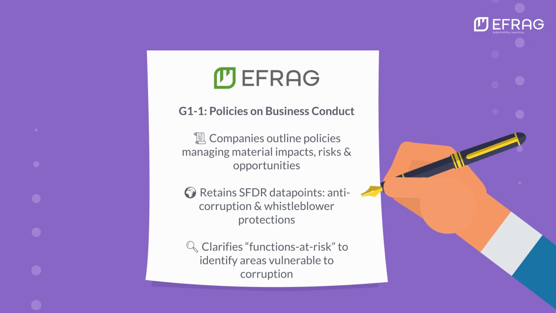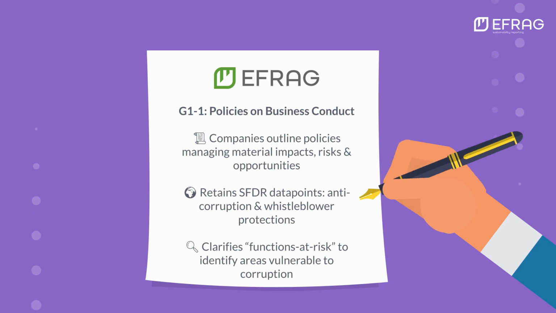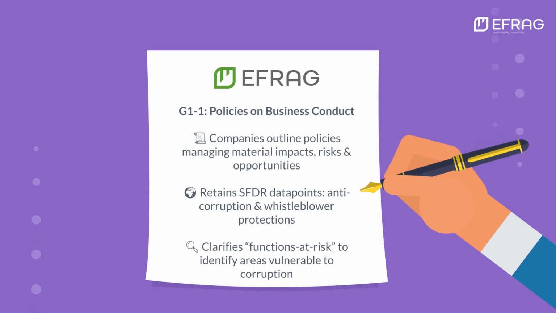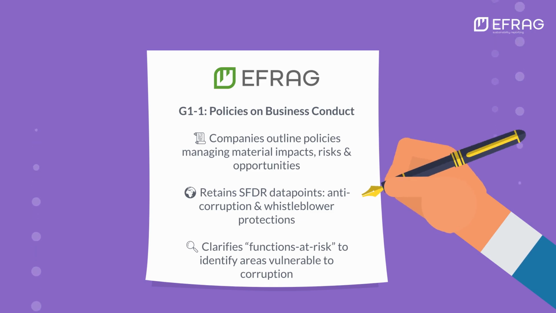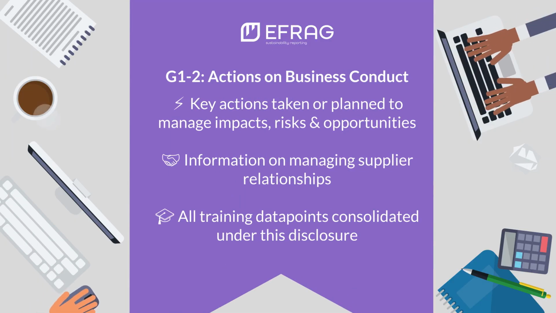G1.1 also maintains the relevant EU data points, namely the Sustainable Finance Disclosure Regulation indicators on anti-corruption and whistleblower protections. Importantly, it also clarifies the concept of functions at risk, helping companies identify more effectively areas that may be vulnerable to corruption.